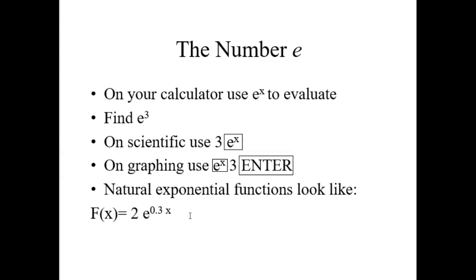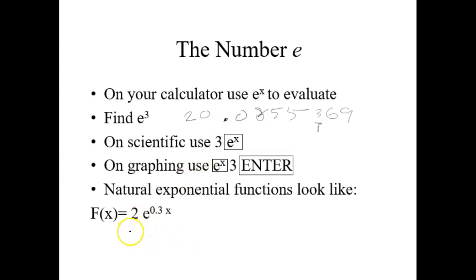I will press second e to the x, put a 3, and you're supposed to get 20.0855369. That's more than enough. Usually 4 or 5 digits, you would probably round that to 4 and cut off there. But that's what you should get. Make sure you can do that on your calculator.